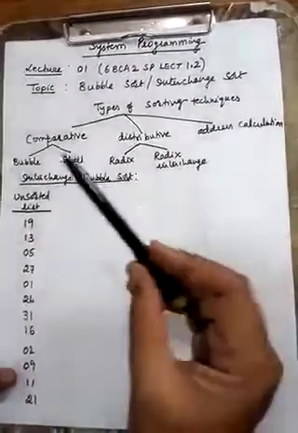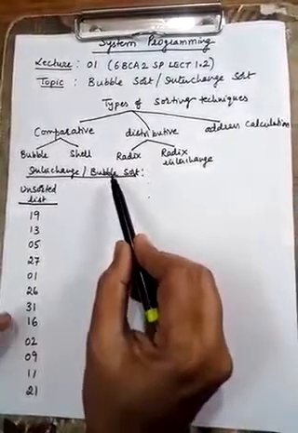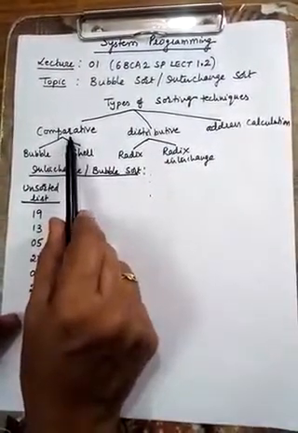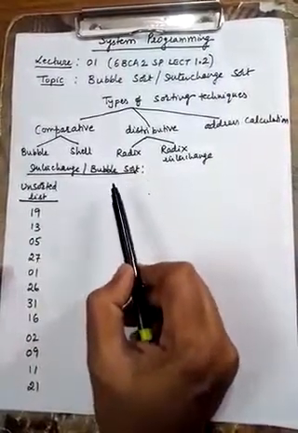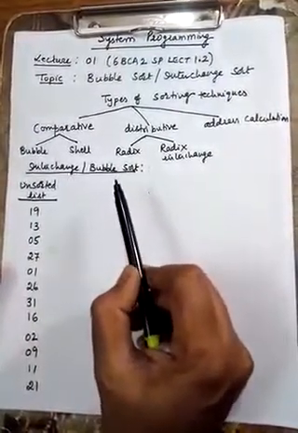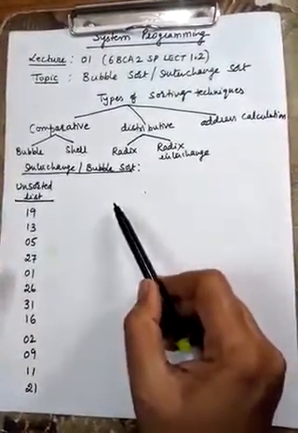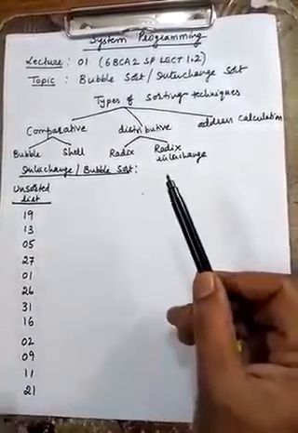Let us first understand briefly what is this bubble sort. In the bubble sort, it belongs to the comparative sorts where two adjacent elements are compared, and the order will be changed depending upon whether you want to sort the table in increasing or decreasing order.